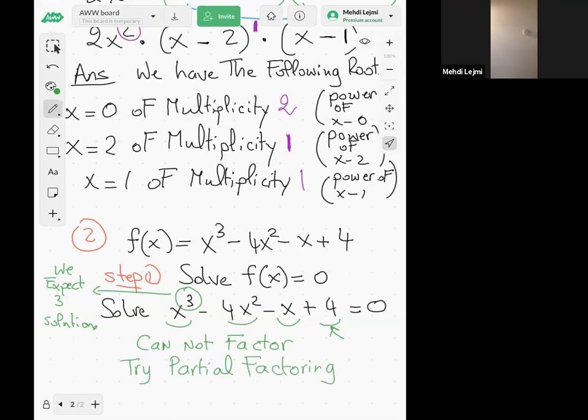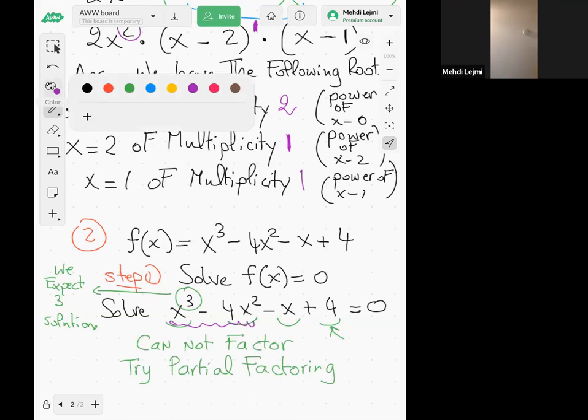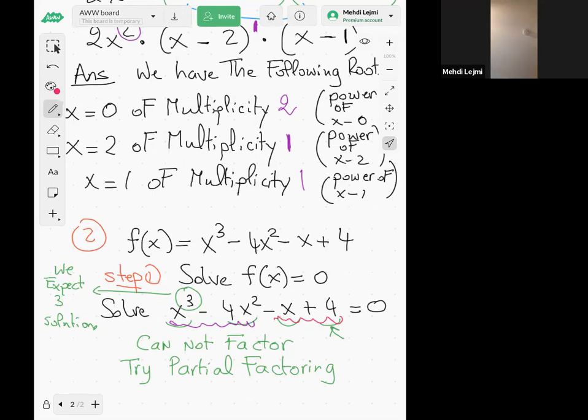Well, you can take, for example, the first 2 terms here, and the last 2 terms, the minus x plus 4. You can try to factor x cubed minus 4x squared. Obviously, x is a common factor, and even better, x squared is a common factor.